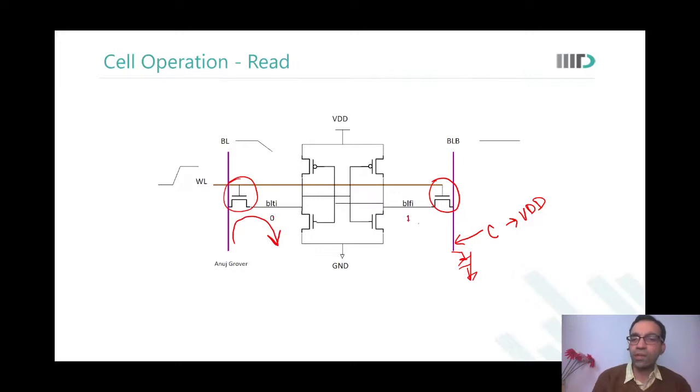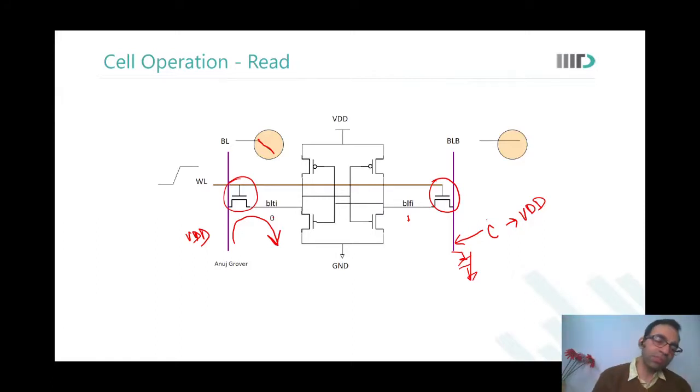On this side it is VDD on both sides, so no charge flows. Over here this was VDD and the other side was 0, so some charge will flow like this, and this bit line will discharge. One bit line discharged, the other did not. That is what will now in the IO region trigger the sense amplifier to complete the read operation.